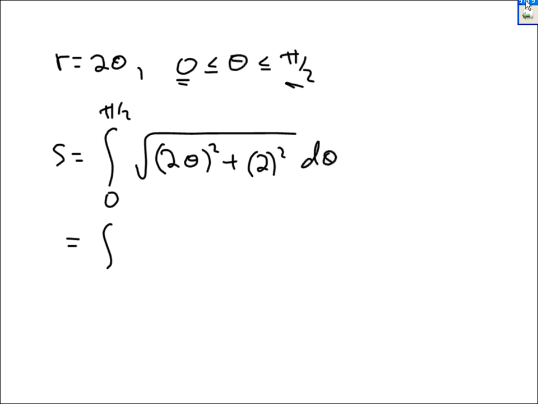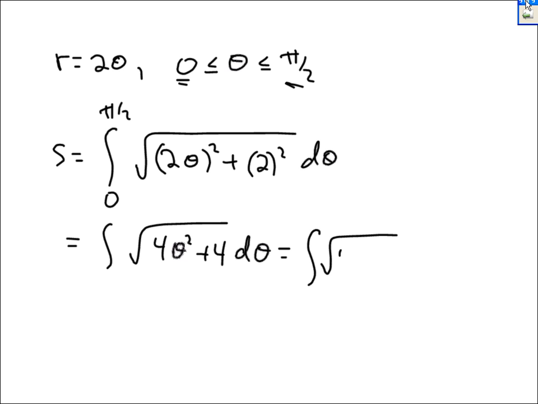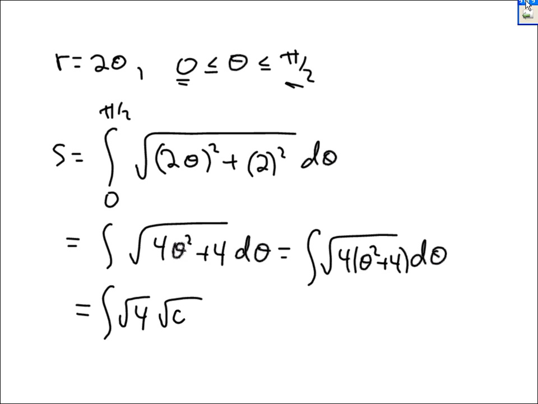So this gives us the integral of the square root of 4 theta squared plus 4 d theta. I can factor out a 4. I get 4 times theta squared plus 1, d theta.